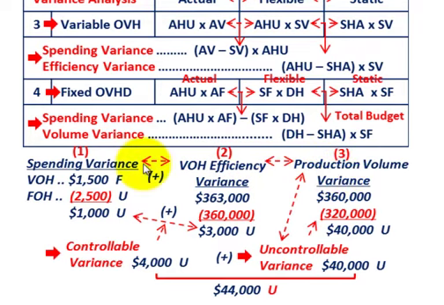And then the uncontrollable variance is going to be the difference between your variable overhead efficiency and your production volume variance. So we're going to go through a detailed problem on this and look at how we solve for these different variances.